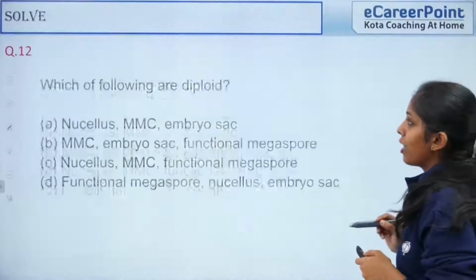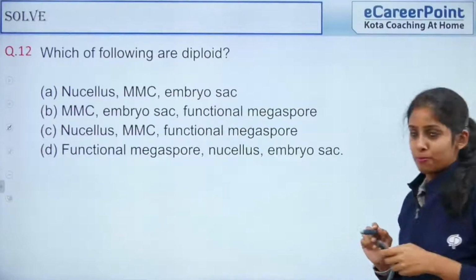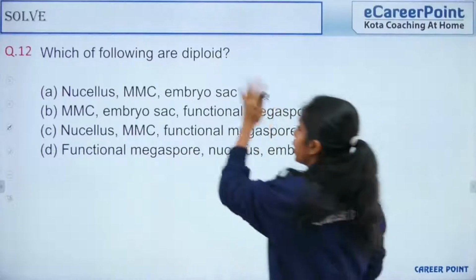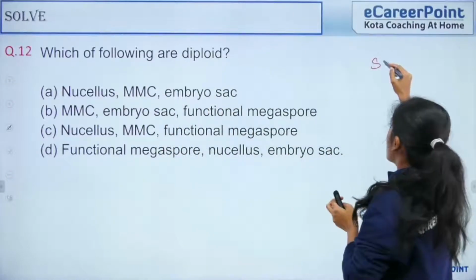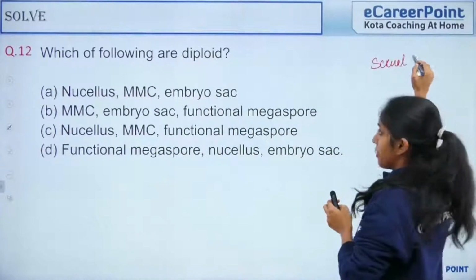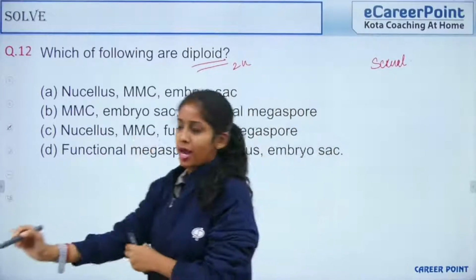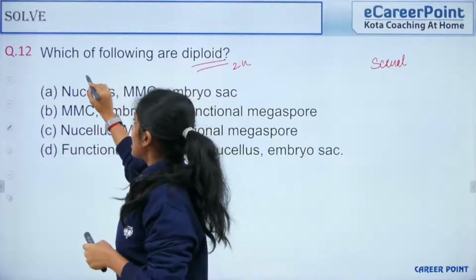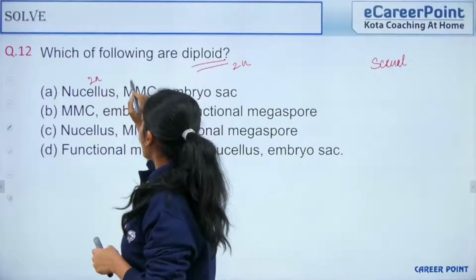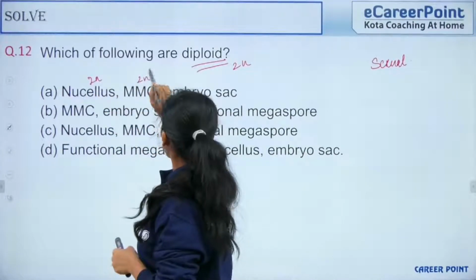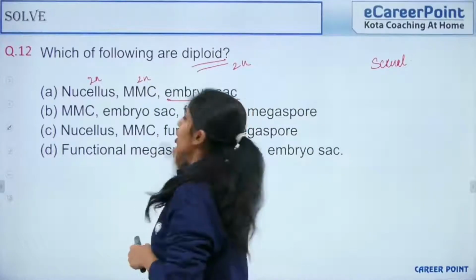So question 12. Which of the following are diploid? If you look at the options, this question comes from sexual reproduction in flowering plants. Diploid means 2n, so we'll go one by one. Nucellus is diploid. Megaspore mother cell is diploid. Embryo sac, you cannot call it diploid.